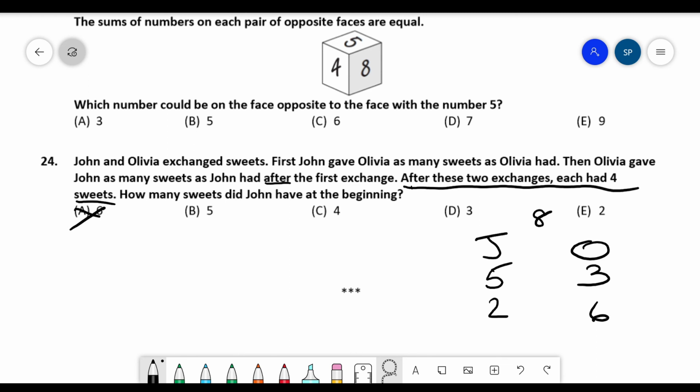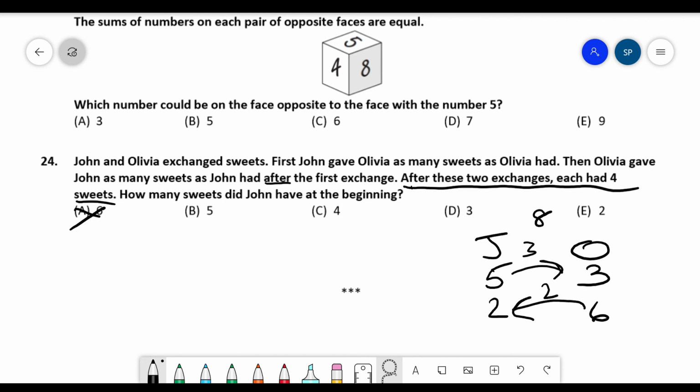Now, it says Olivia gives John as many as he had after the first exchange. After the first exchange, John had 2 sweets. So Olivia would give John 2 sweets again.